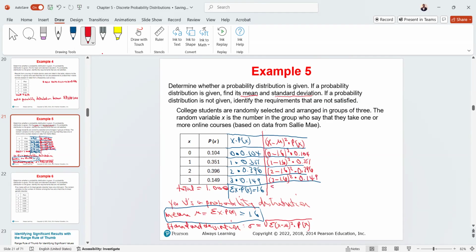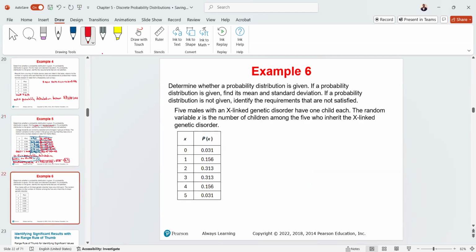The total is approximately 0.81. So sigma would be the square root of 0.81, which is 0.9. That would be the standard deviation. What we find in the total is the variance, but because we're not interested in the variance, we take the square root of it to find the standard deviation.